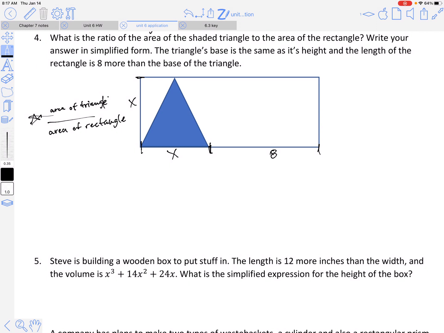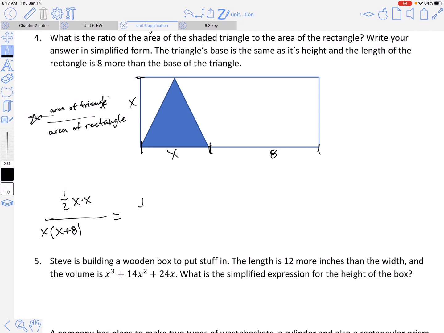All right, so now we want to find the area. So if you remember area of a triangle, we're going to have 1/2 base times height, and area of a rectangle, we're going to have length, I'm going to put width here, length, x plus 8 would be that length, right, times the height, which is x, or width, however you want to look at it, but since it is measuring height, I'll say it like that.